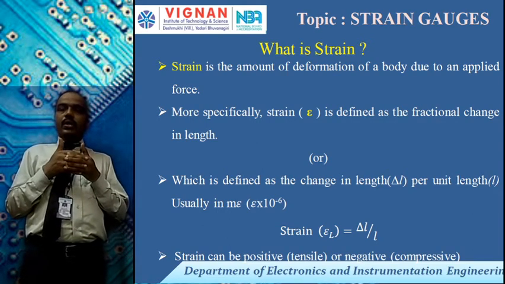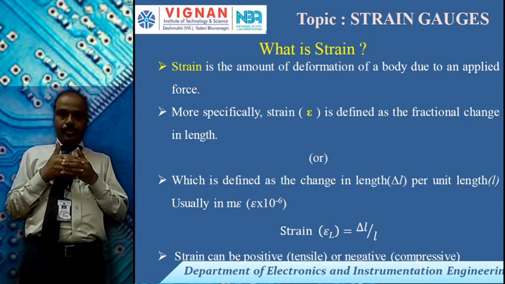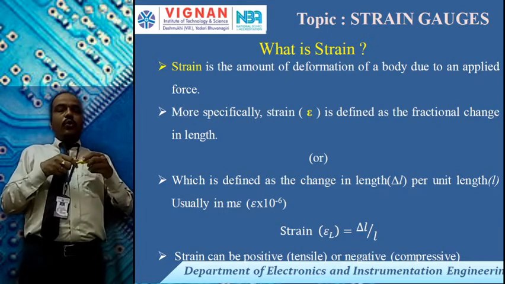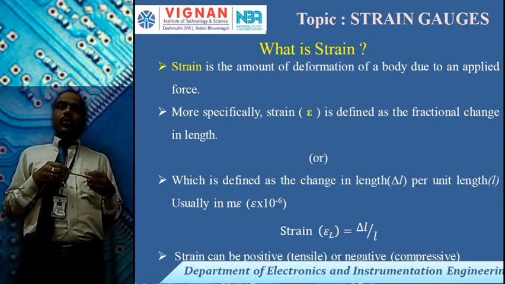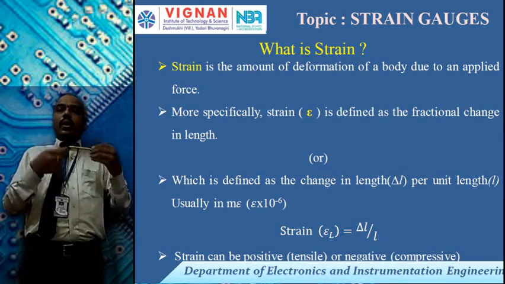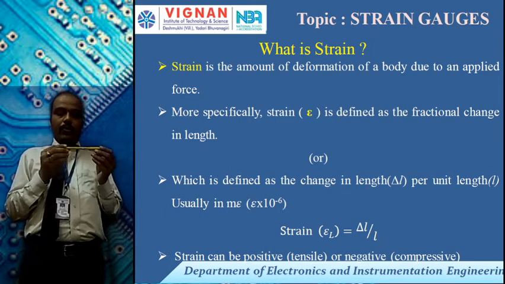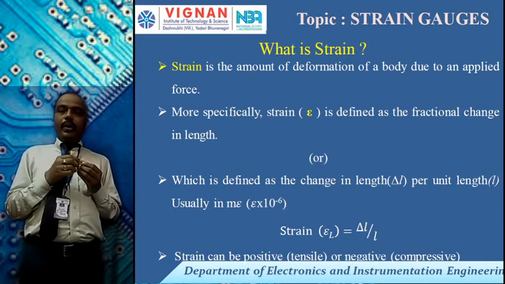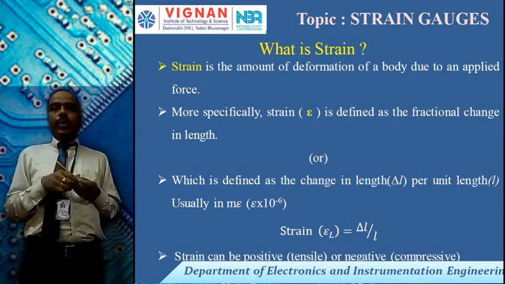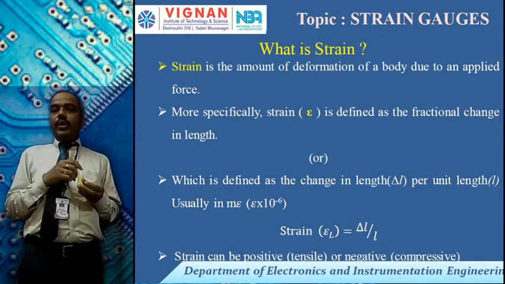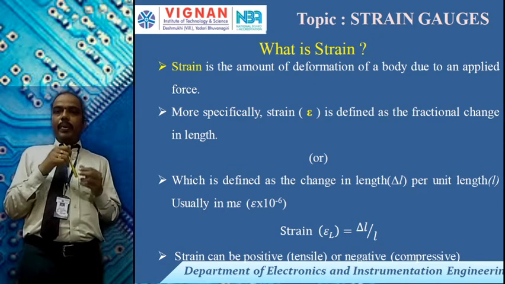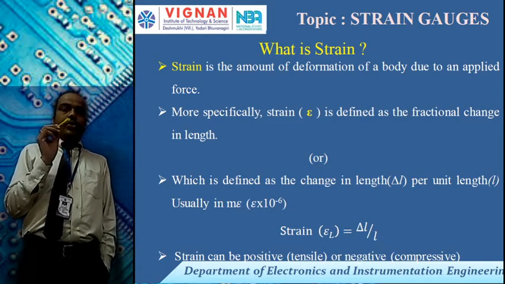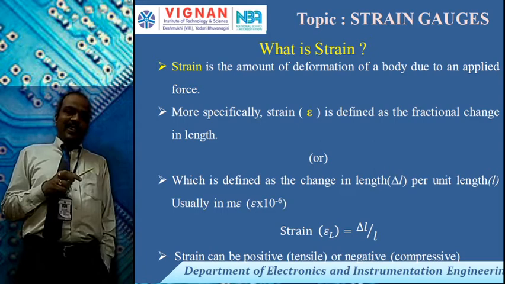So 0.1 centimeter divided by 10 centimeters, that is 0.1 by 10, is the strain. Or if you apply an elongation force, assume the length of the element increases to 10.2 centimeters. Then 0.2 is the change in length, that is the deformation. So that deformation 0.2 divided by 10 is the strain. Change in length per unit length is nothing but strain.